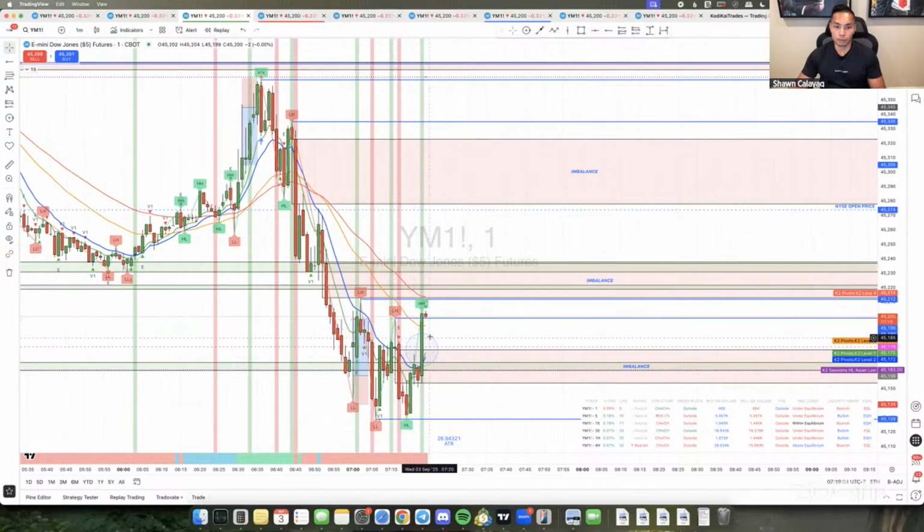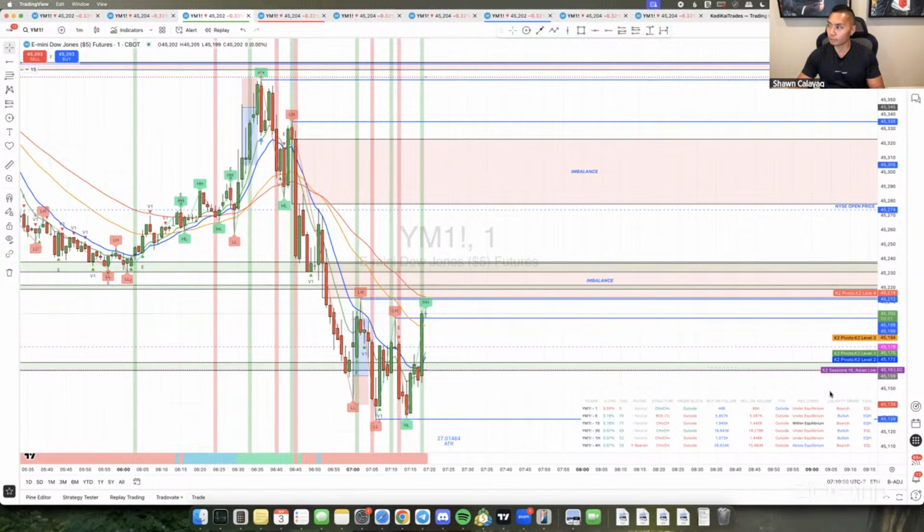All right, so nothing there. Looks like the imbalance is invalid. It's been mitigated, so we take that off. It's just the same old, guys. Nothing here is happening.